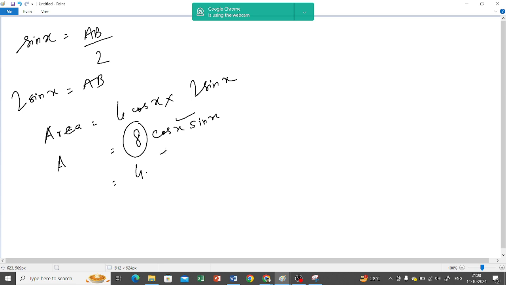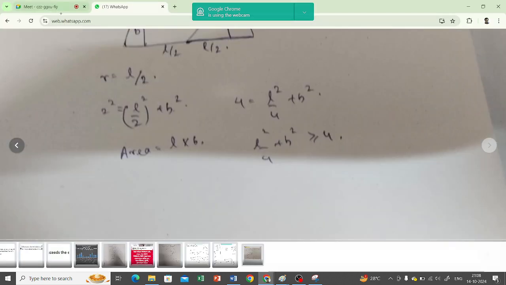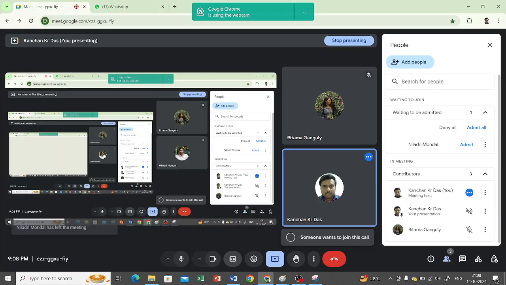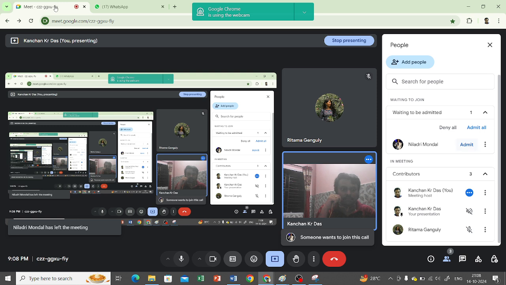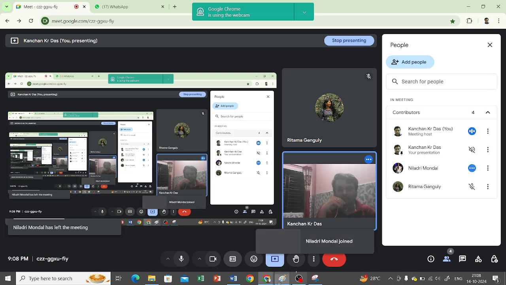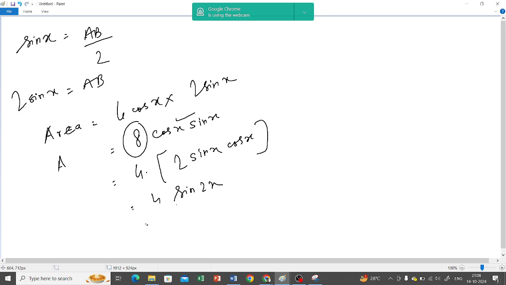See, if you remember a little bit of trigonometry in class 11, then 2 sin x cos x is sin 2x, ঠিক আছে, এটা হচ্ছে sin 2 থিটার ফর্মুলা। So area is 4 sin 2x.